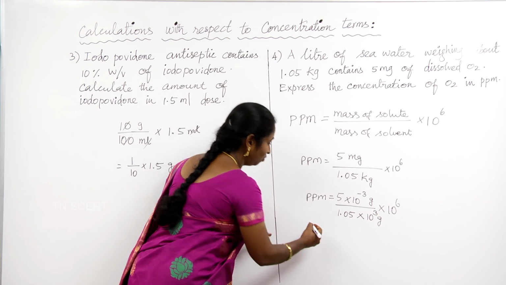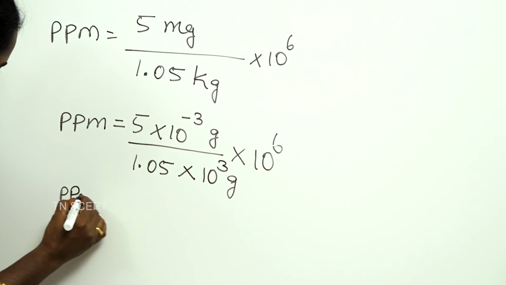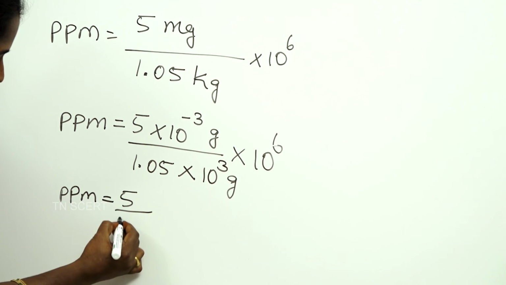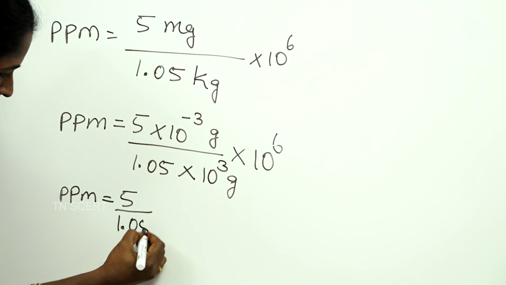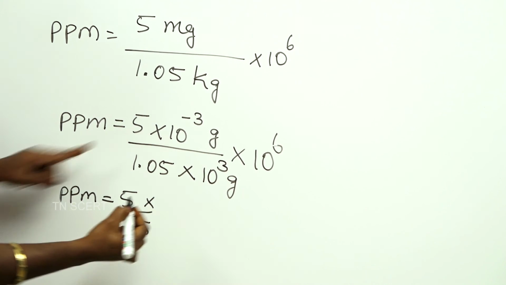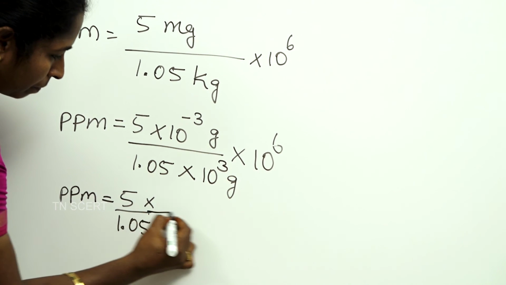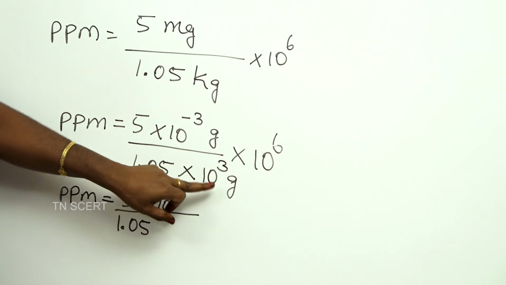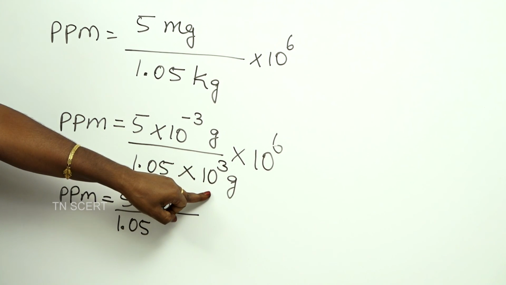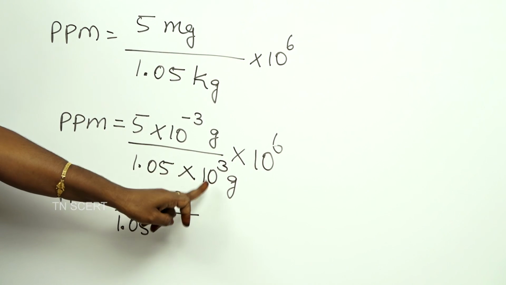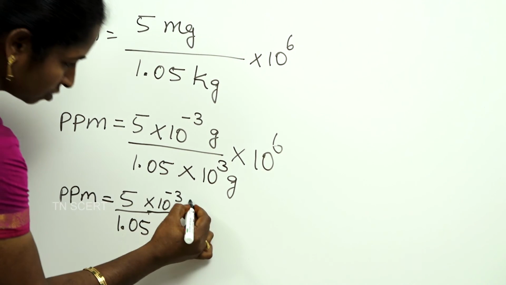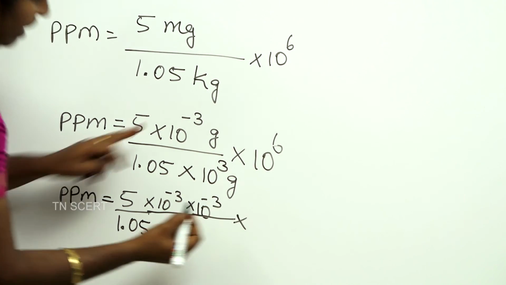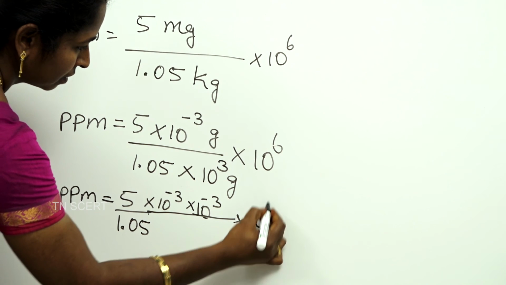Do the calculation now. ppm is equal to 5 divided by 1.05 into 10 power 3. If you bring the 10 power 3 in denominator to the numerator, it will become 10 power minus 3. So, again 10 power minus 3. You already have here 10 power 6.